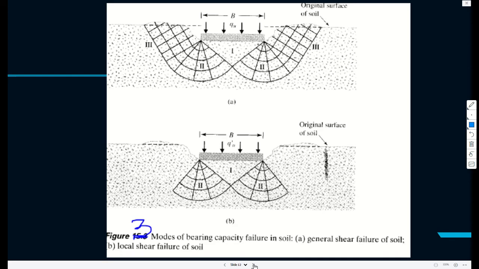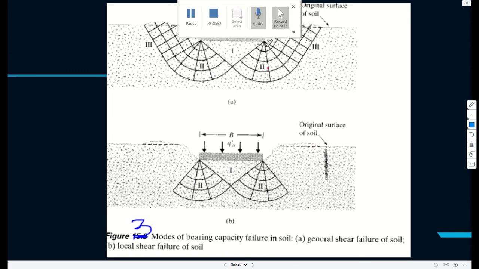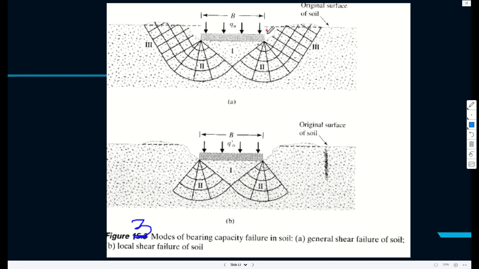and can be explained with reference to figure 3 when the foundation settles. So assume what we already assumed before. You can see the settlement has already happened. The assumption here is that this will cause failure of a wedge, a triangular wedge.